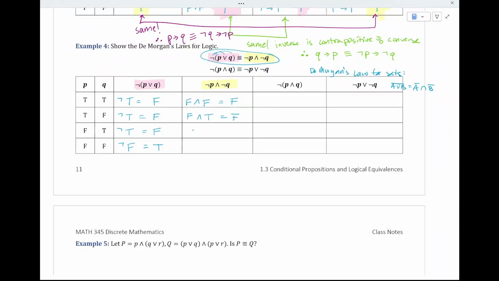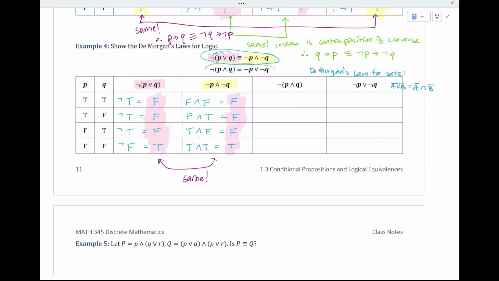I have true and false, which is false. And I have true and true, which is true. So now I'm seeing these are the same, which means these two statements are equivalent. So we have proved that first one.